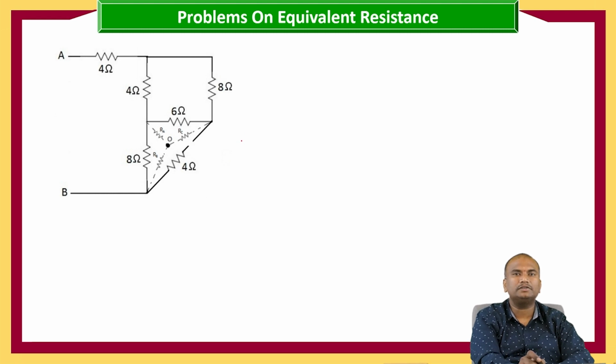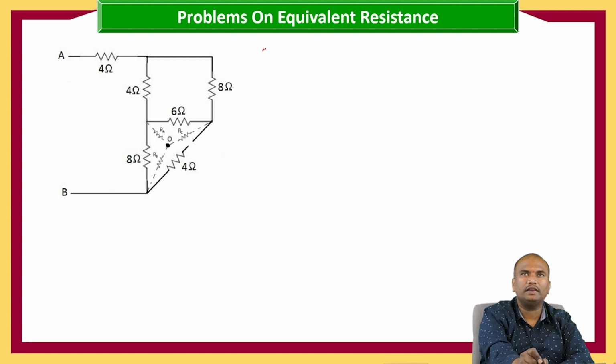Then we have to check whether the resistors are in delta to star transformation format. Here, if you see the circuit, how many stars and how many deltas are there, that we need to identify first. Here this is one delta, 4 ohms, 6 ohms and 8 ohms. And here also 4 ohms, 6 ohms and 8 ohms is another delta. Two deltas we are having. And how many stars are there?